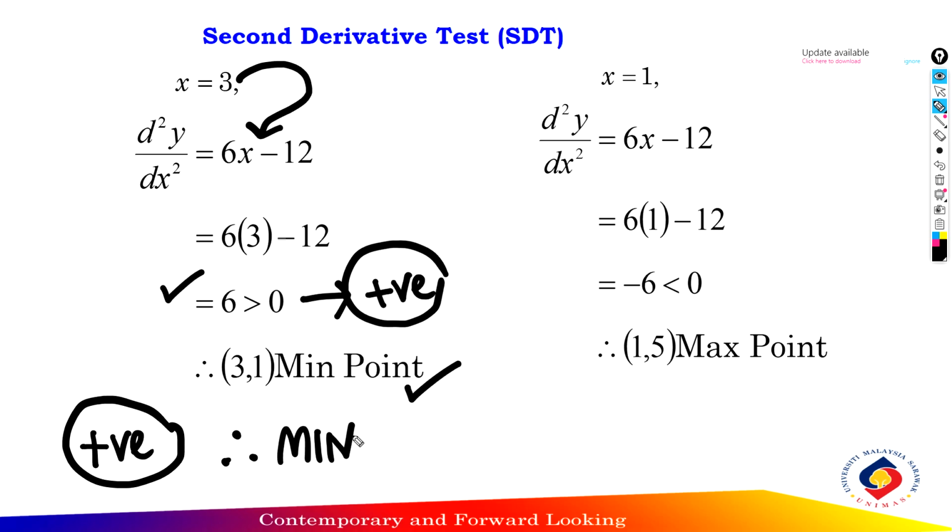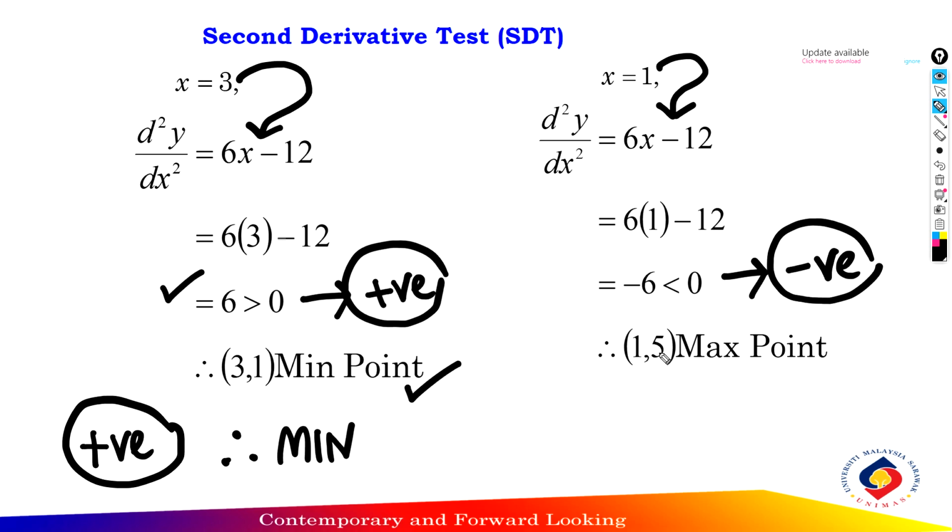And the second point, when x equals 1, you substitute into the second derivative: 6 minus 12, and the answer equals negative 6, which is less than 0, so the sign of the second derivative is negative. Conclusion: when the sign of the second derivative is negative, (1, 5) is the relative maximum point.